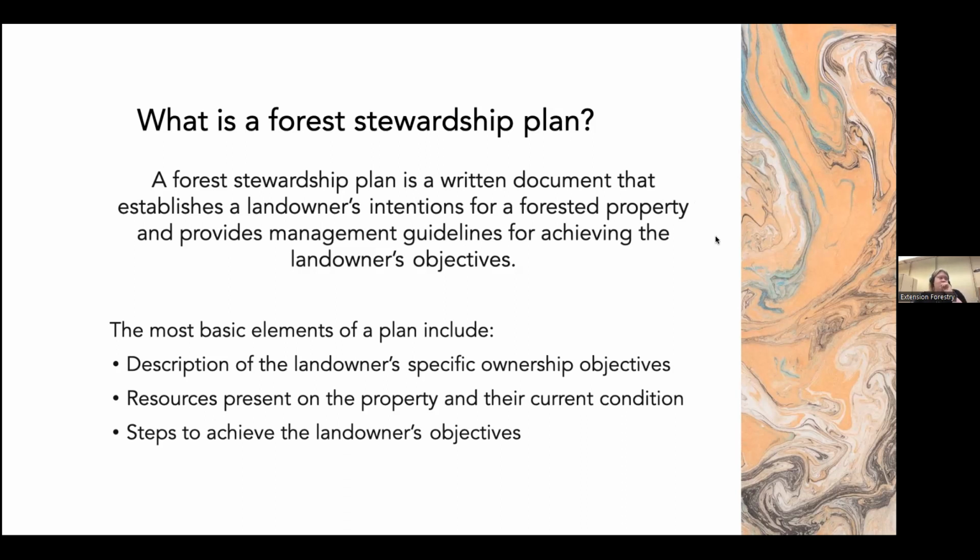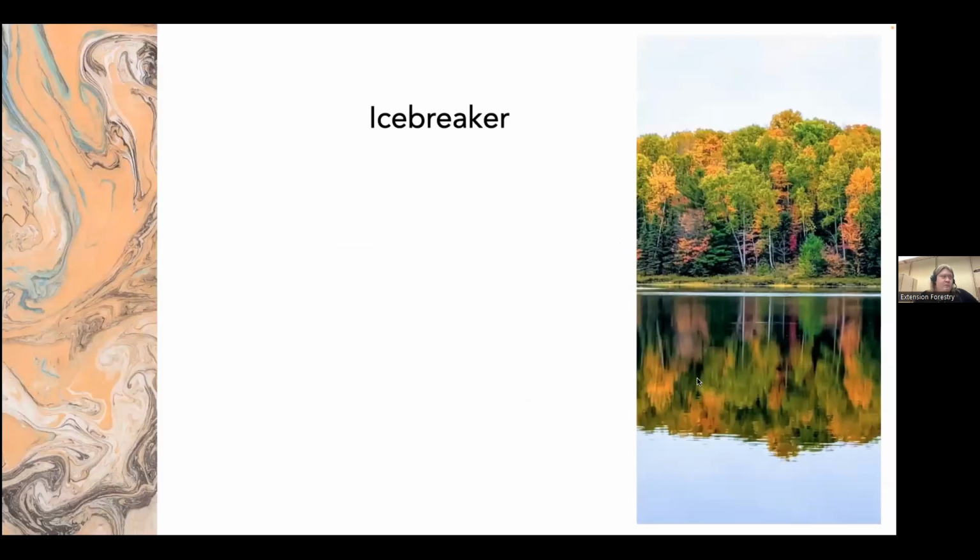So, what's there, how is it doing, what needs to be done with it. And then I think the most important part of a plan is that it also gives you the steps to achieve that. And so basically a plan will walk you through what different management activities you have to do and when in order to achieve your goals.